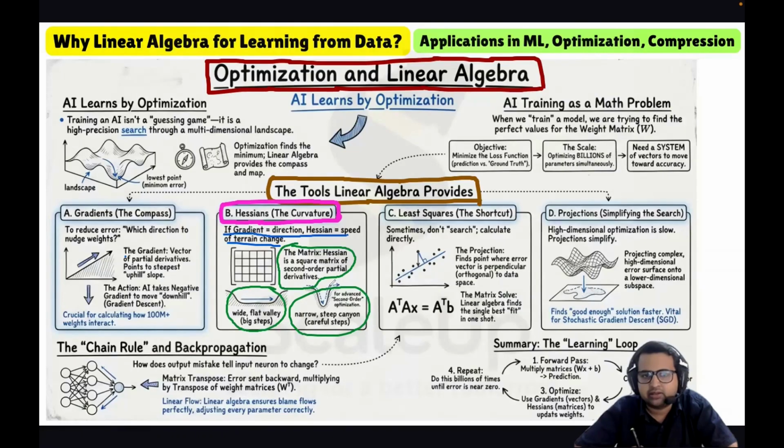Because of Hessians, we can determine when to take big steps and when to take small steps.